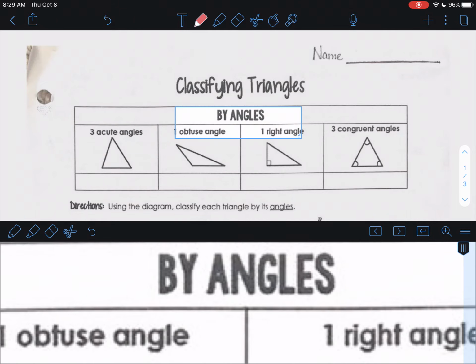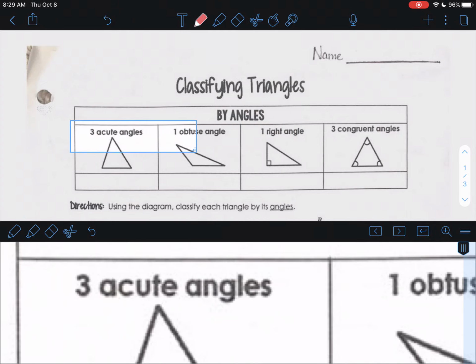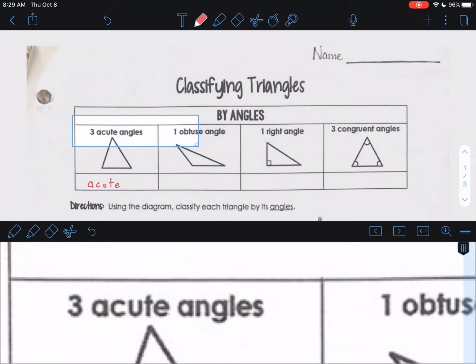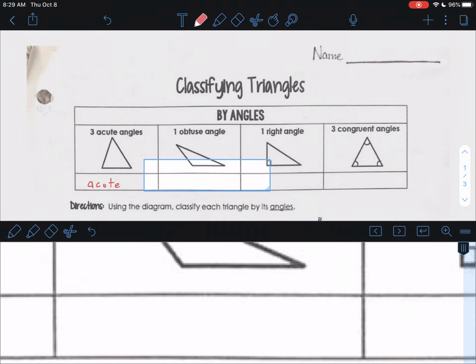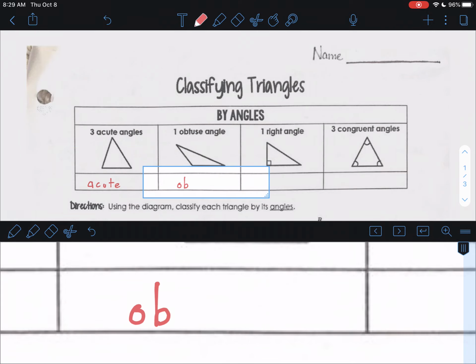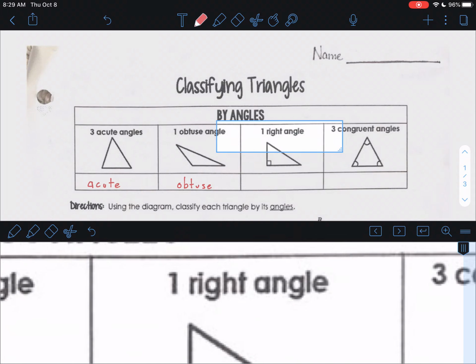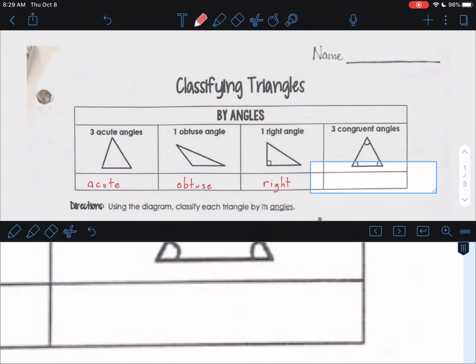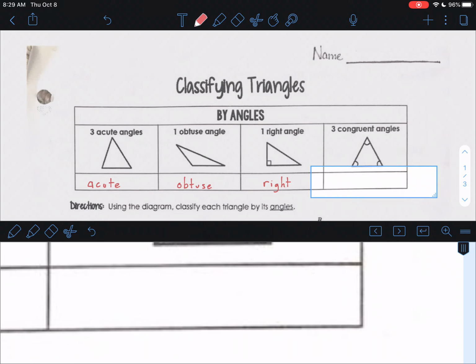We want to classify these triangles by the angles. If it has three acute angles, remember, it's an acute triangle. It literally says the word right there. If it has one obtuse angle, it is an obtuse triangle. If it has one right angle, it is a right triangle. And if it has three congruent angles, it is an equiangular triangle.